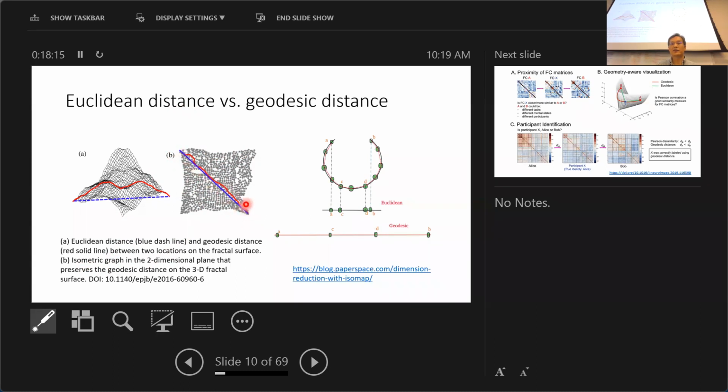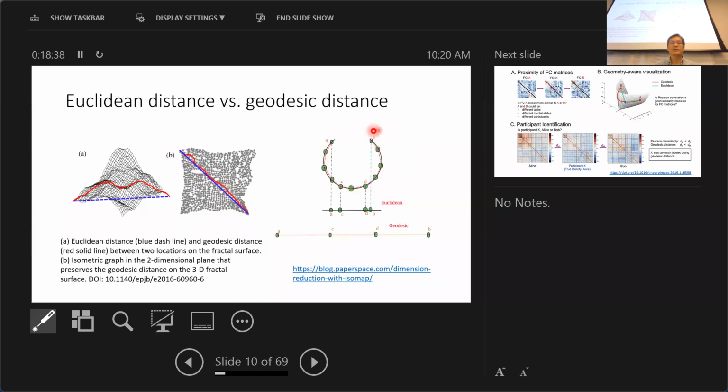If you have to follow the small steps, you have to move to another neighbor in the network, and then jump to another neighbor. And this red curve is not the Euclidean distance. There are multiple steps adding up.